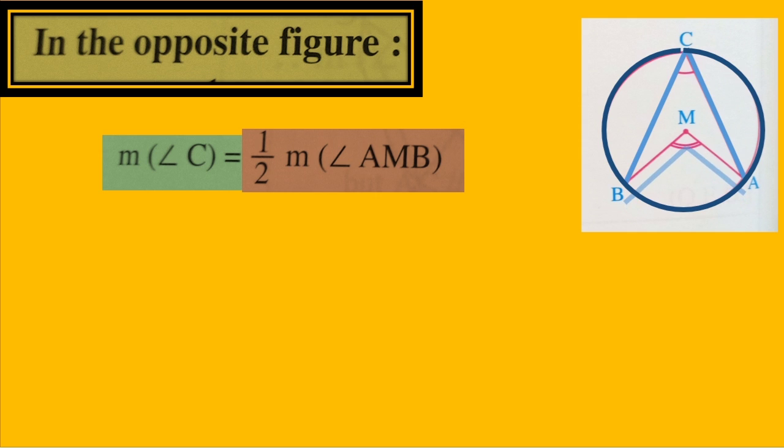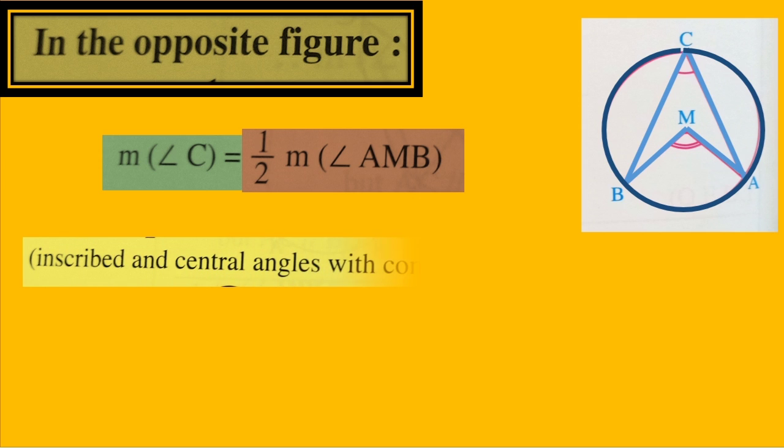The central angle equals the measure of the arc. The measure of inscribed angle C equals half the measure of the central angle which is subtended by the same arc.